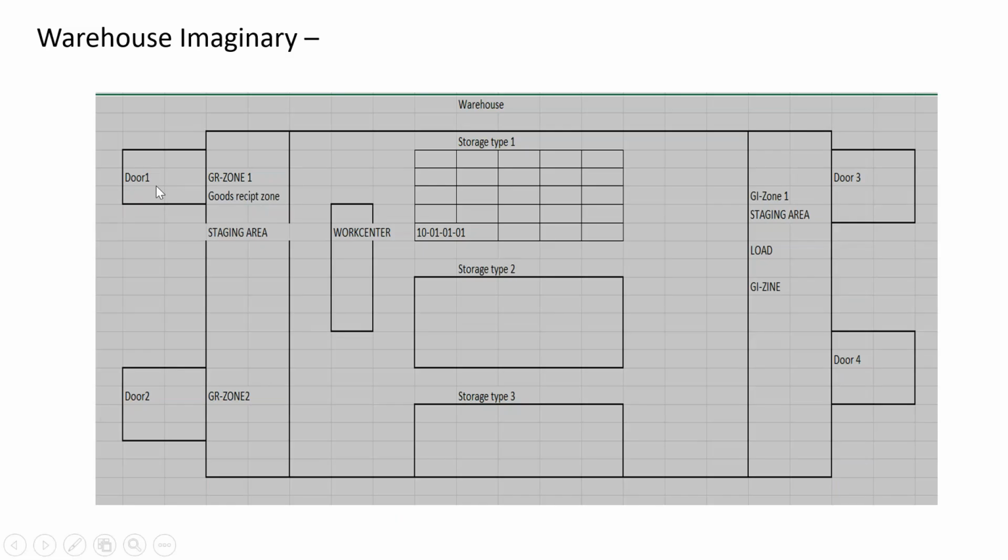So we can plan: let's say vehicle one should come to this unloading zone at 10 a.m., the next vehicle by 11:15, and the next vehicle by 12:15. So we can schedule the vehicle unloading also.